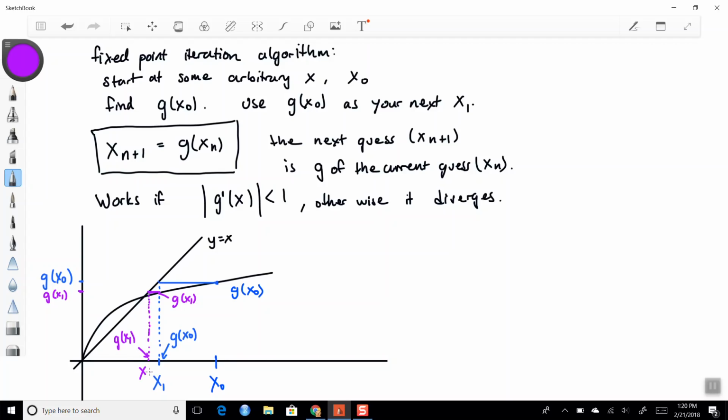This is going to become my x sub 2. And you can see that I would just iterate and get closer and closer until I reach this point, this being the desired fixed point. This is where g of x is equal to x.